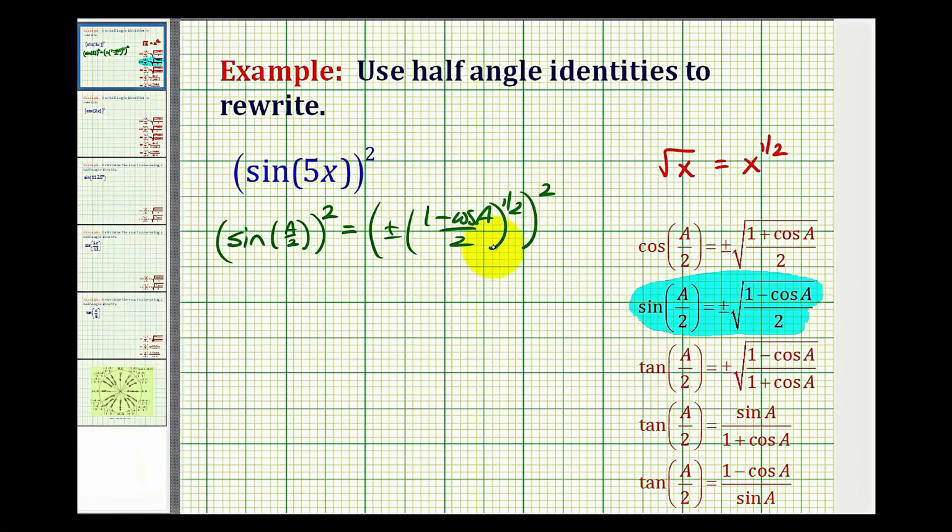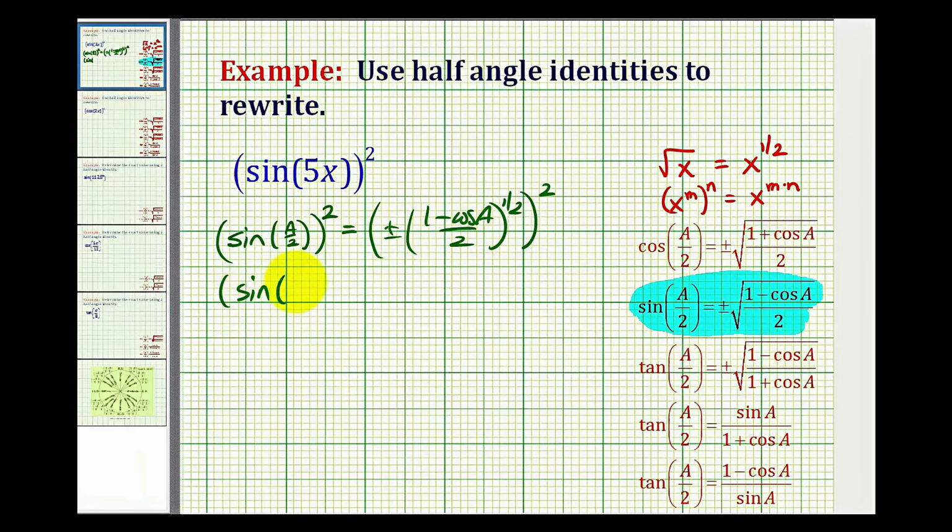The next rule we have to remember is when we have a power to a power, we multiply our exponents. So 1/2 times 2 is going to equal 1. And since we're squaring, this plus or minus goes away, because if we square a positive, it's positive, and if we square a negative, it's still positive.